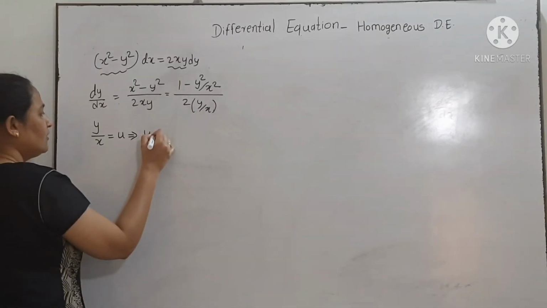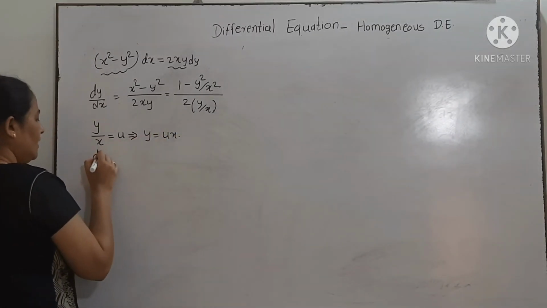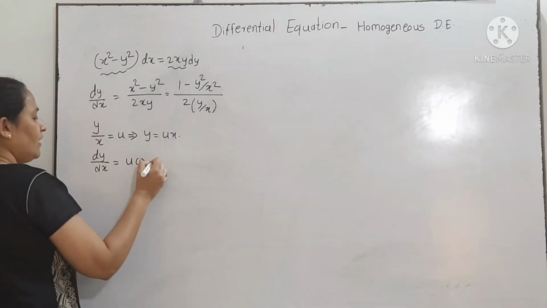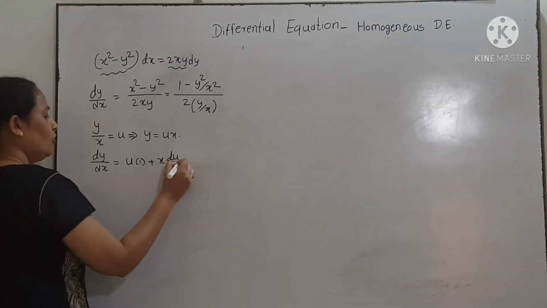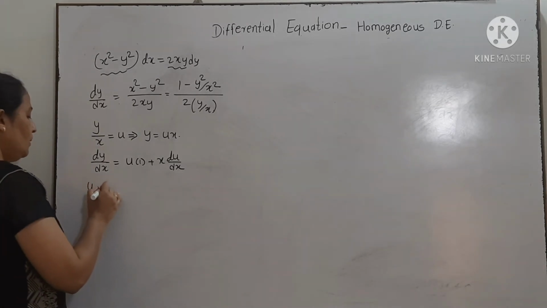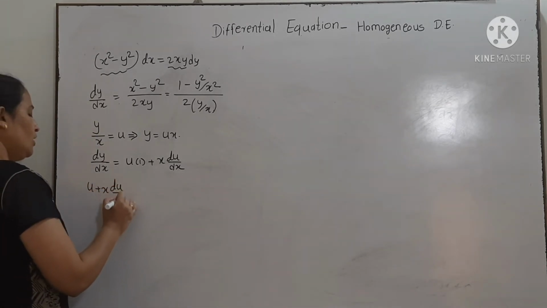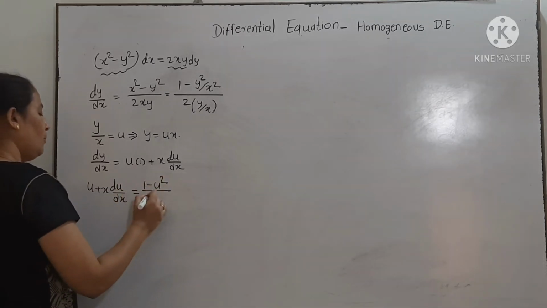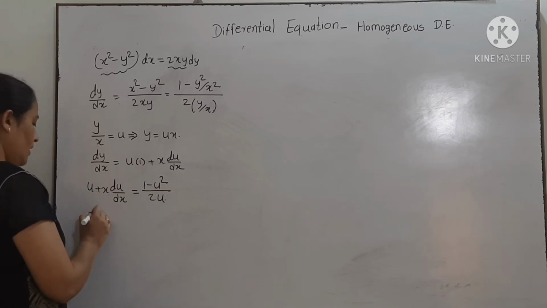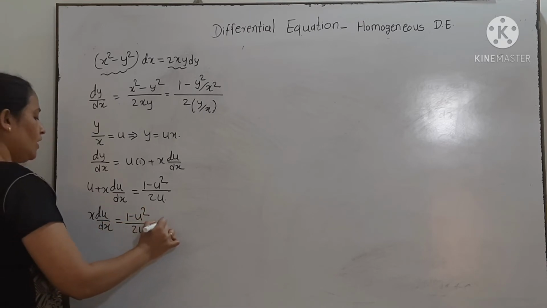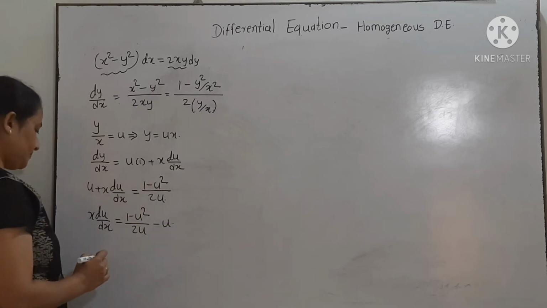This implies y is equal to ux, and dy by dx will be equal to u, as its derivative of x, plus x, as its derivative of u with respect to x. That is the product rule. So it is u plus x into du by dx equal to (1 minus u square) upon 2u. So x into du by dx equal to (1 minus u square) upon 2u minus u.